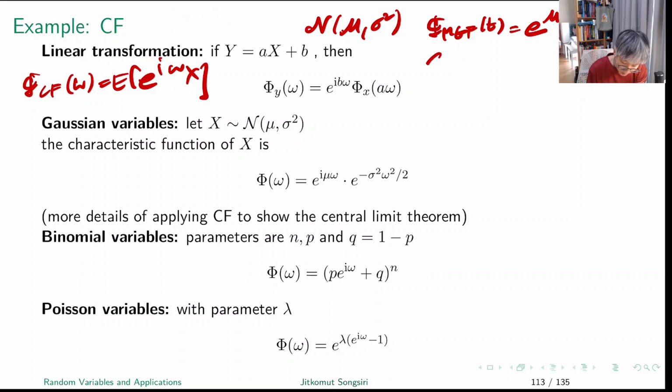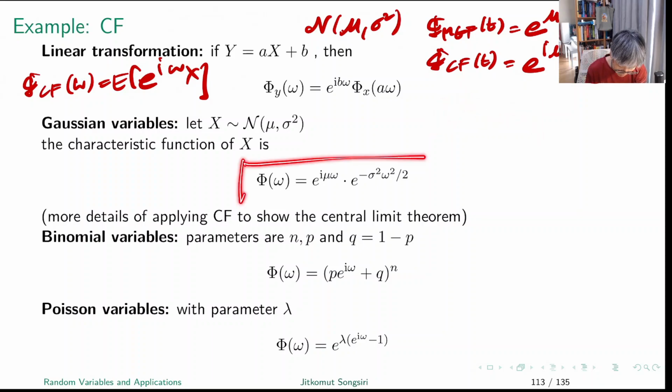That's why the characteristic function of the normal is going to be e to the i mu omega times e to the minus sigma squared omega squared by half. You get the minus because when t equals i omega, t squared gives the minus, because i squared equals minus 1. Okay, and this is what we got here.